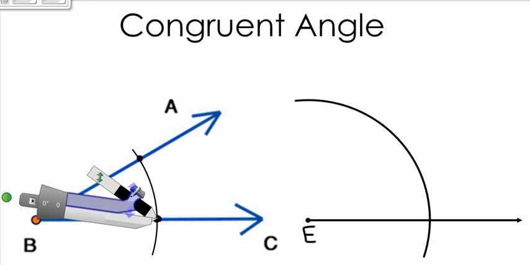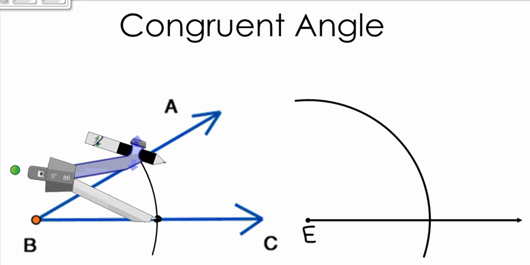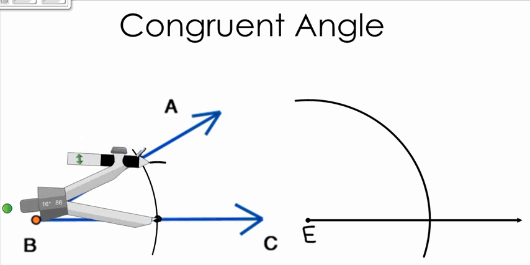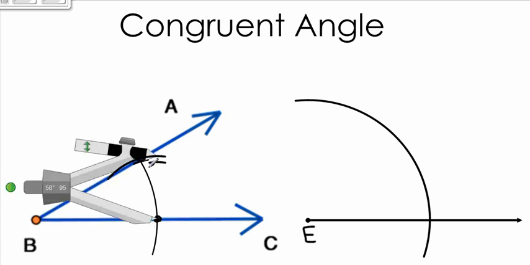So I'm going to turn and rotate it till I can get it crossing my new point, which is a little short there. So I need to make it a little longer. And make my arc mark that goes through.